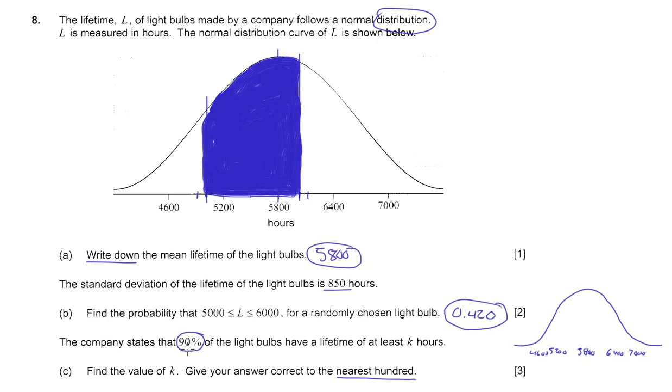So now it says 90% of the light bulbs have a lifetime of at least K hours. So what most people are going to want to do is say, oh, 90%, I want to find the 90th percentile. No, 90% of the light bulbs means it's the top 90%. So what we want to do is find what 10% is, and then find all this area up here.